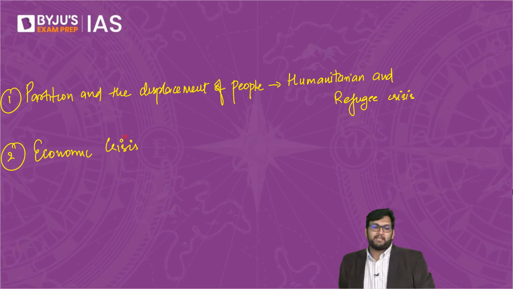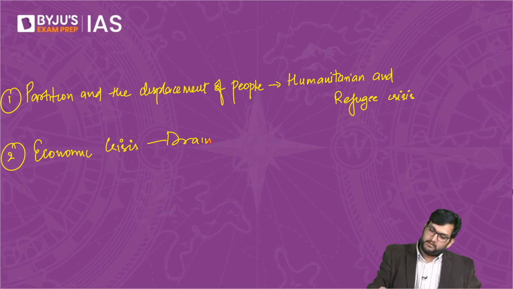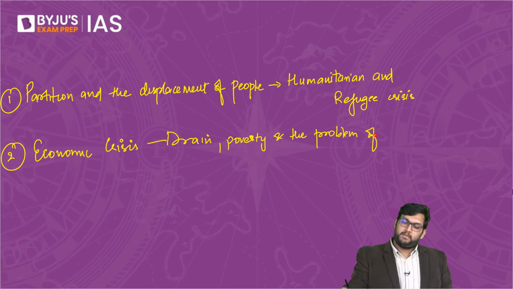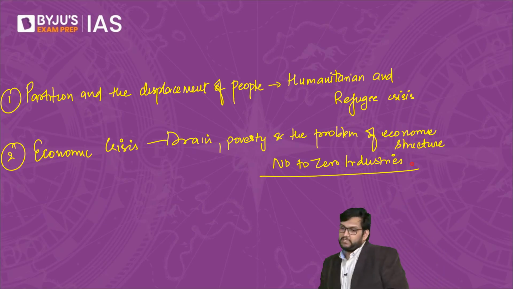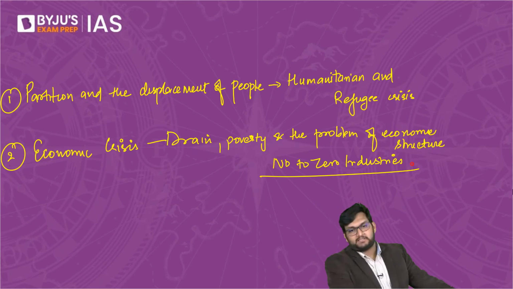And basically economic crisis because of drain, because of poverty, because of the problems of economic structure, no to zero industries. We did not have the capacity to basically support ourselves as of 1947, 16th August.